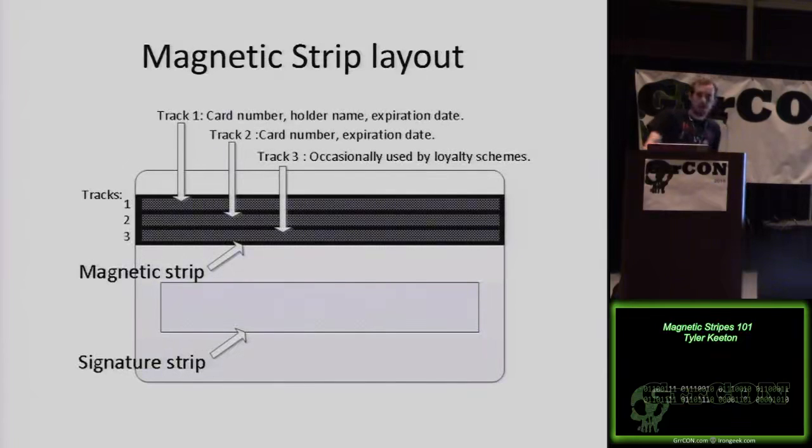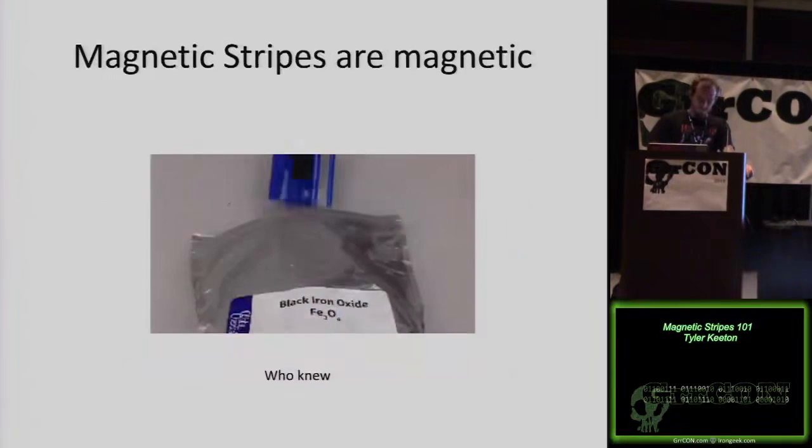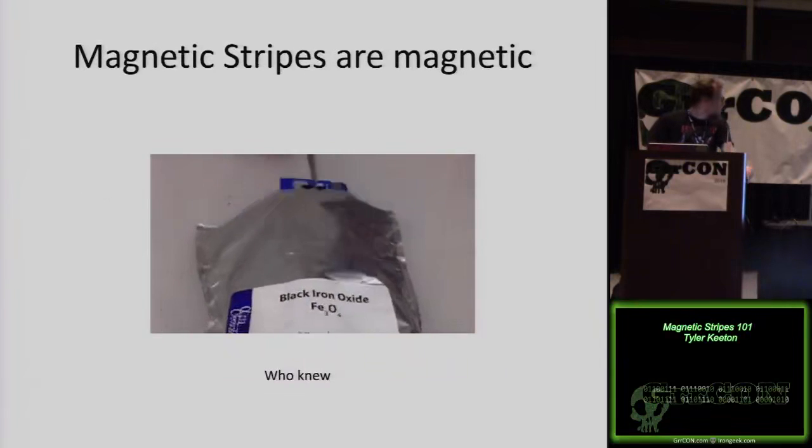A magnetic strip consists of 3 tracks, and the data that's shown here, there's a lot more to it than just this, but this gives you a general idea of how it's laid out for a mag stripe of that size. Mag strips are magnetic. Who knew?